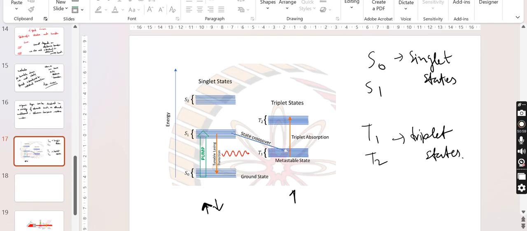But in the triplet, the spins are in the same direction. So that's how it gets divided between singlet state and triplet state. And the ground state is usually a singlet state, and there is no T0 state. So triplet states start from T1, T2, and singlet states start from the ground state, that is from 0.